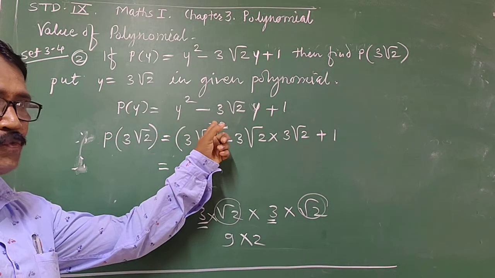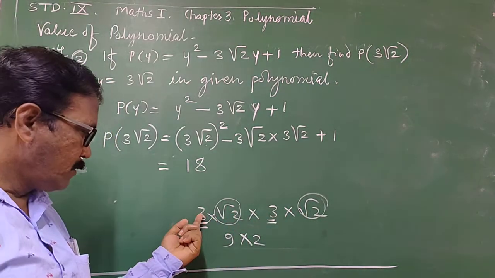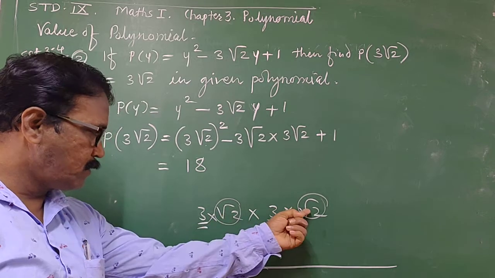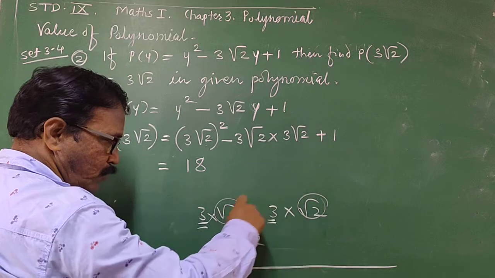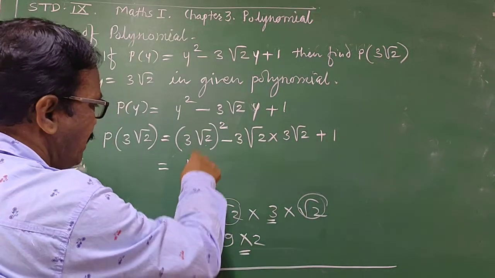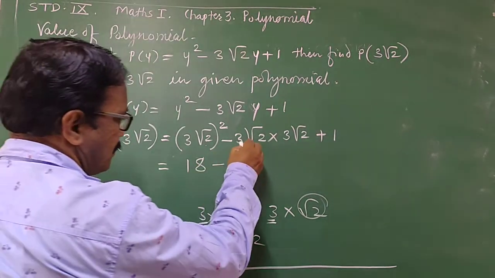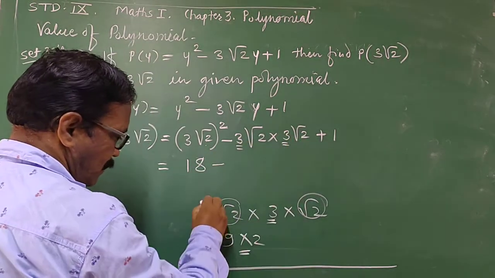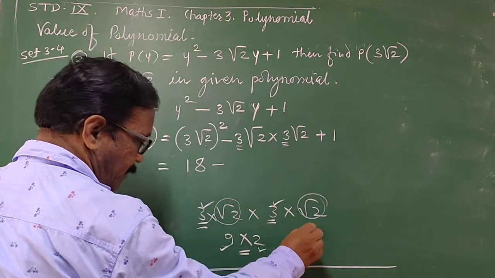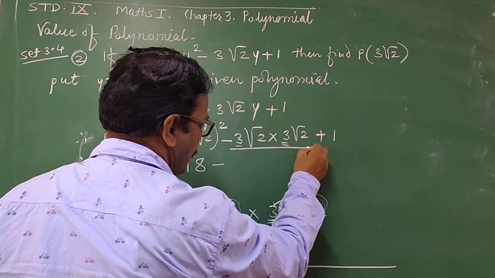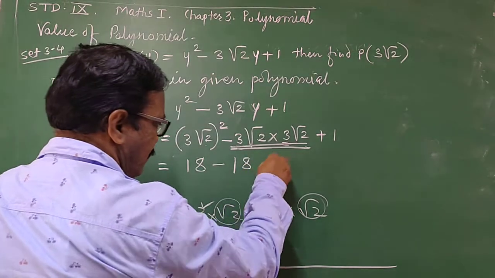Then minus also 3 into 3, 9, root 2 into root 2, that is root 4, and it is 2. So product of these two, that is also 18, and remaining is 1.